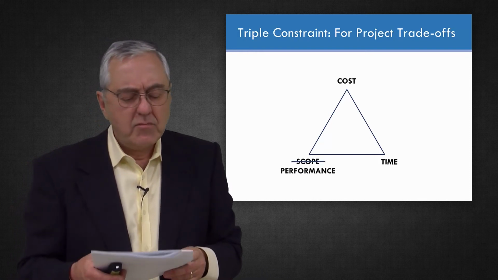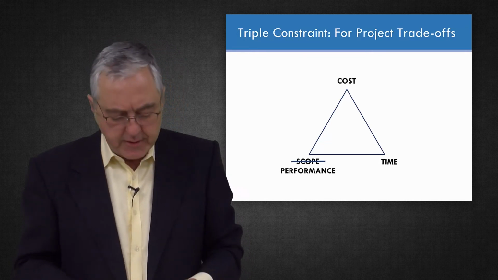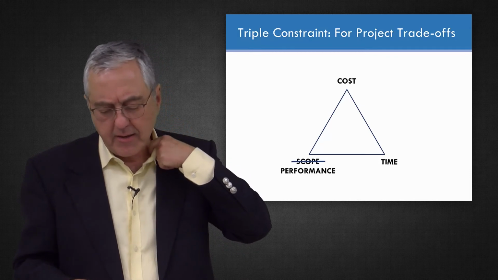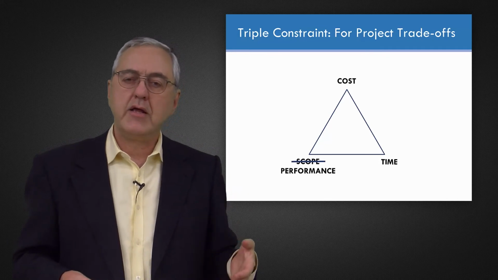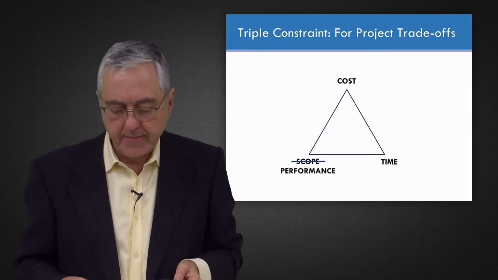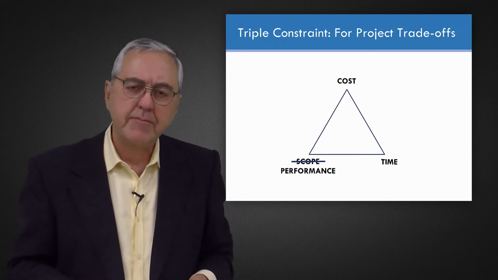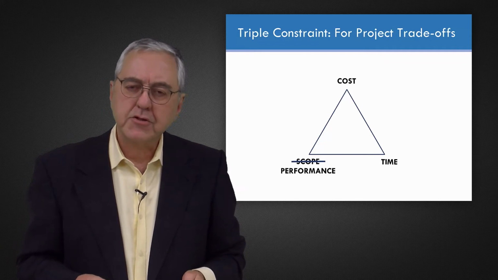Now, one objection we often get to this triple constraint is quality. People say, well, where's quality here? Well, there's different ways of handling it. Some people will draw a square and have quality as one of the sides or one of the corners. I prefer to do it the way that you see alongside me in the graphic. Instead of saying scope, I say performance.